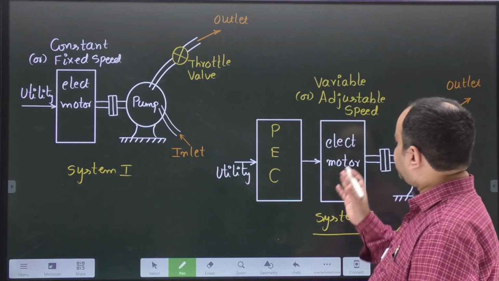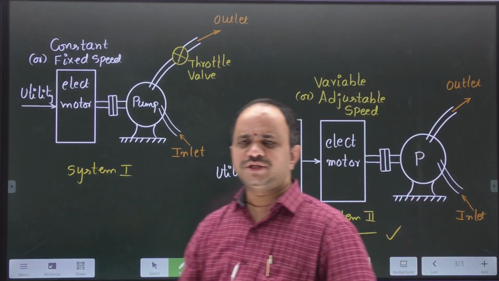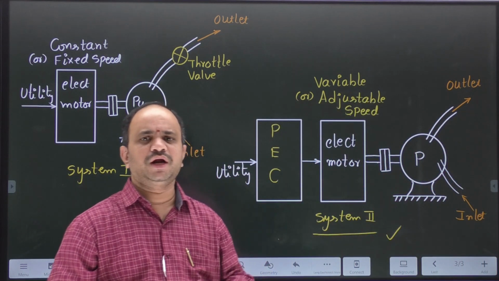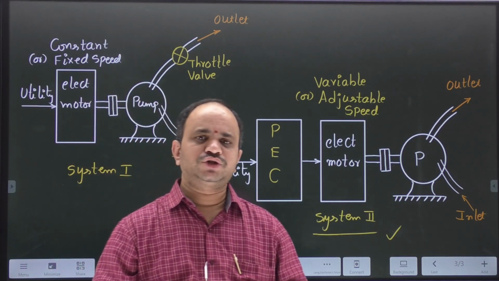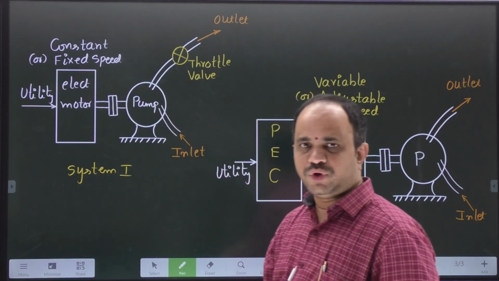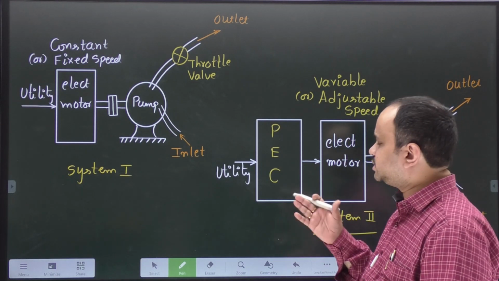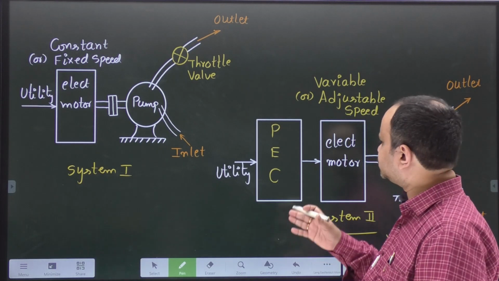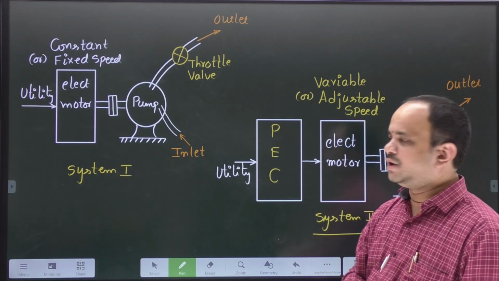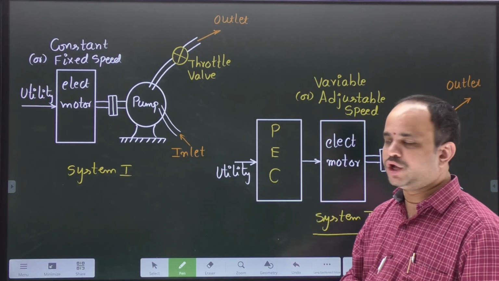Suppose it is an induction motor. Nowadays, the popularly used power electronic circuits to control induction motor drives are AC voltage regulators or inverter circuits. These are the two systems that we will use to control the speed of electric motors like induction motors.